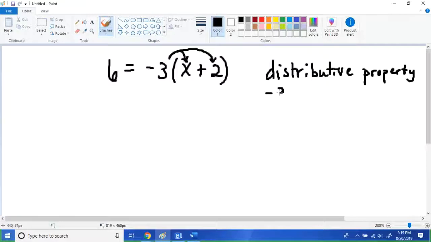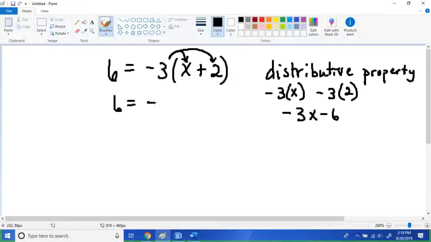So it'll look like negative 3 times x, and negative 3 times 2. Okay, this is going to be negative 3x minus 6 once it's distributed through. So 6 equals negative 3x minus 6.